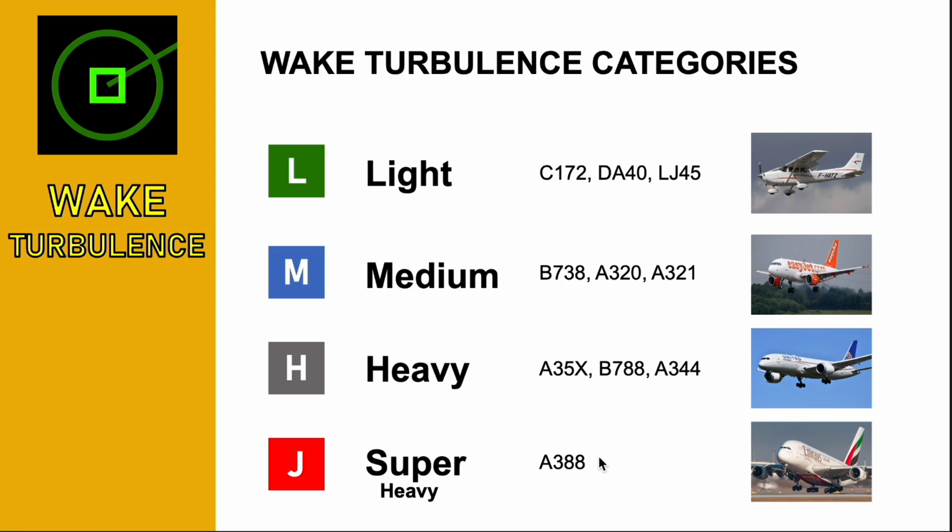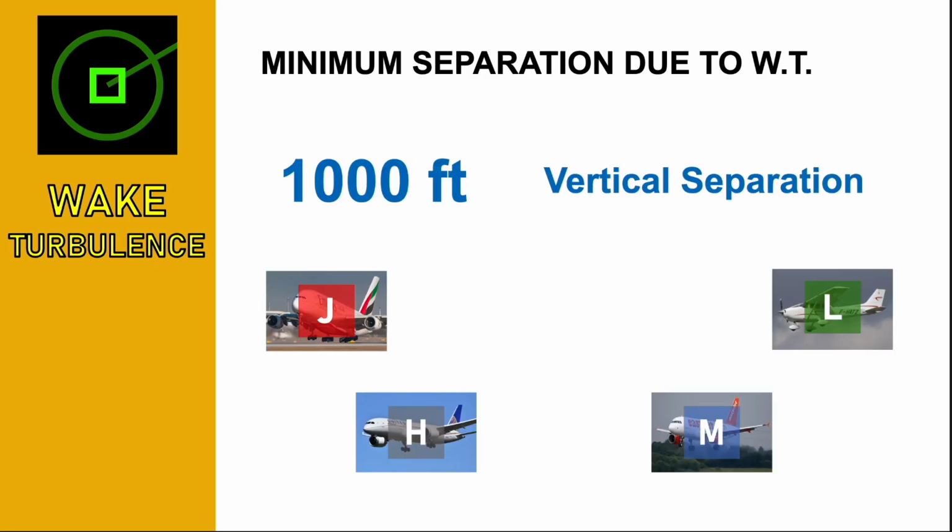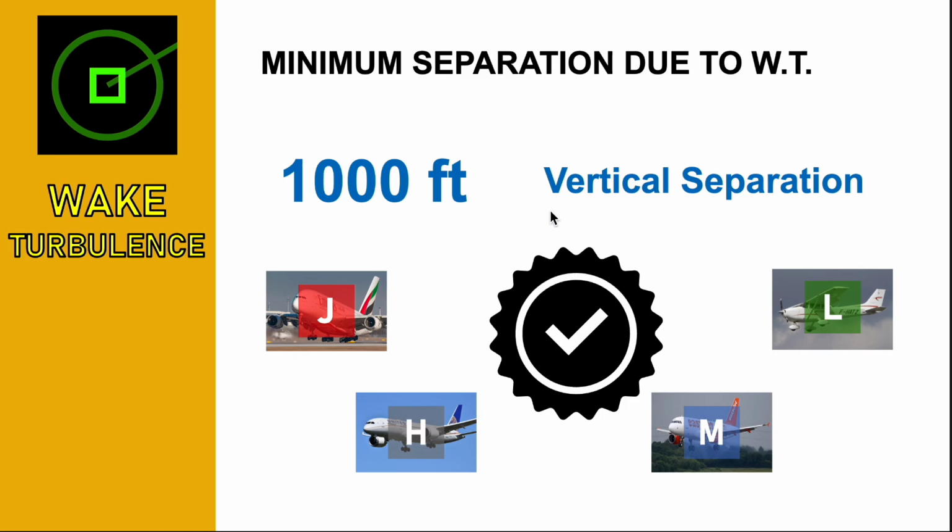So, as I told you before, you need a minimum separation because it's very dangerous for a smaller plane to fly just behind unstable air. So in this case, it is always better to apply a 1000 feet separation, because when there is at least 1000 feet separation, you ensure that you're not going to meet the turbulence anyway. And why is that important?